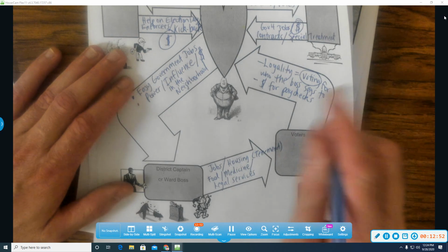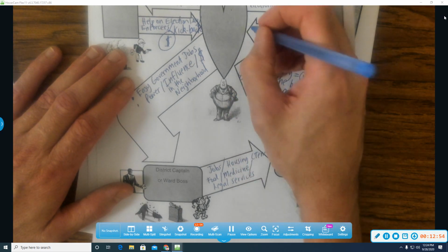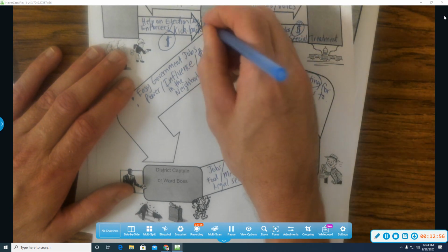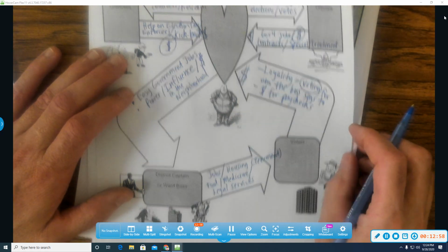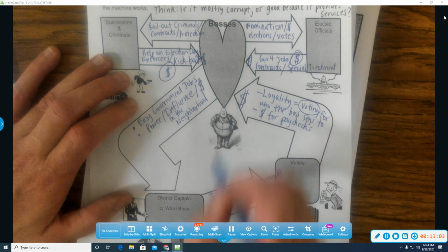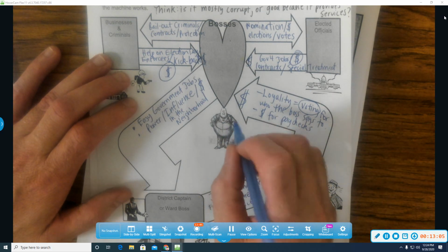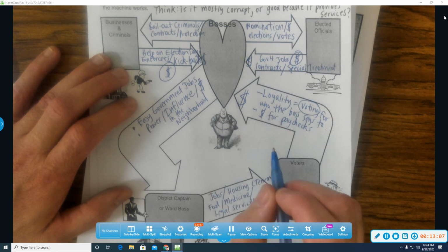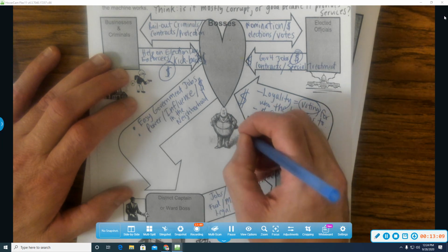So as you can see, once again, you've got money coming back. You've got money coming back. All parts of this political machine are bringing money back to the boss man. Okay, so this is the most famous one here. What was his name? If you're thinking Boss Tweed, you are correct.